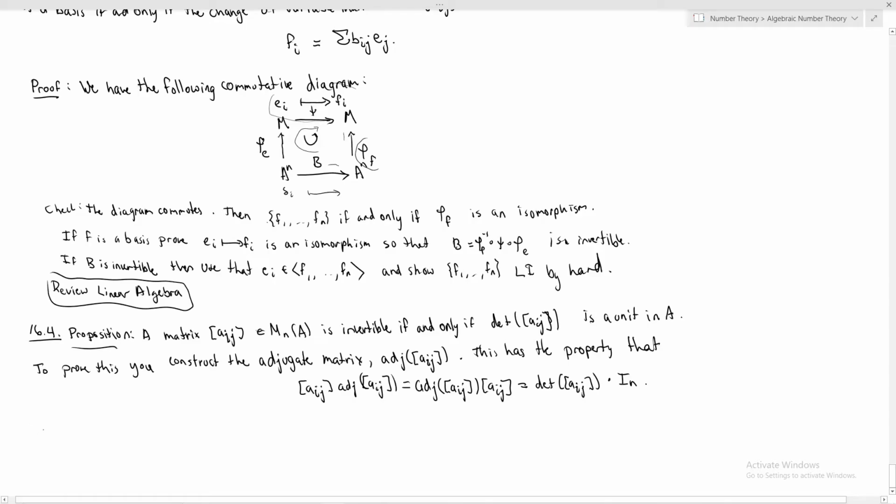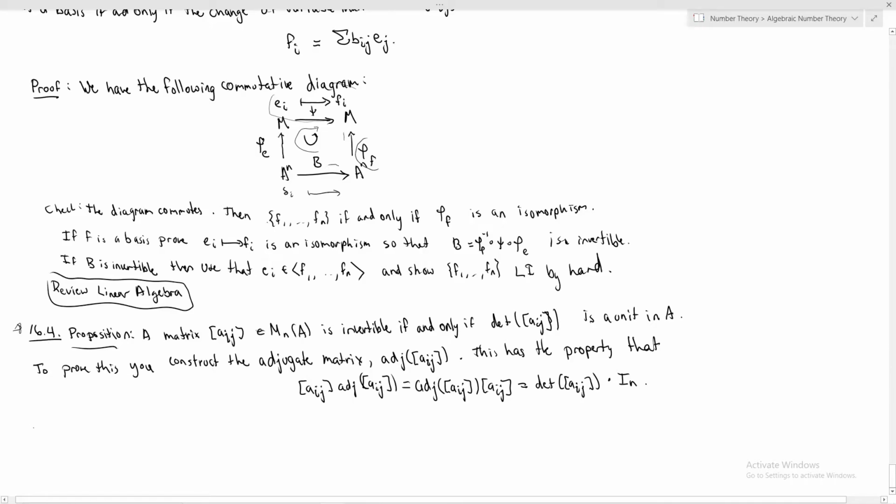Okay. So this proposition is useful because it tells you that to check if a matrix is invertible, I just have to compute one constant, the determinant.